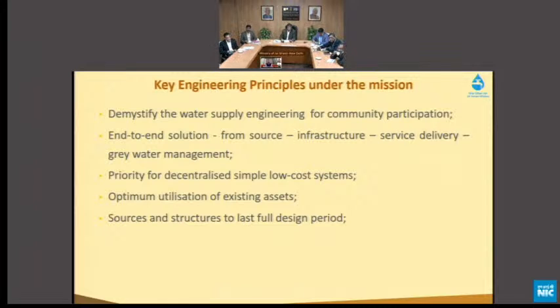So it is important that the water supply engineering is demystified to the community so that they are not frightened by the engineering aspects of that. So one of the major aspects of this is to do that.